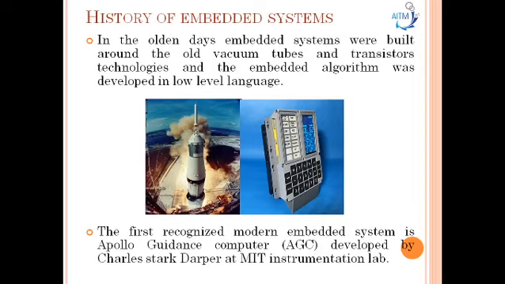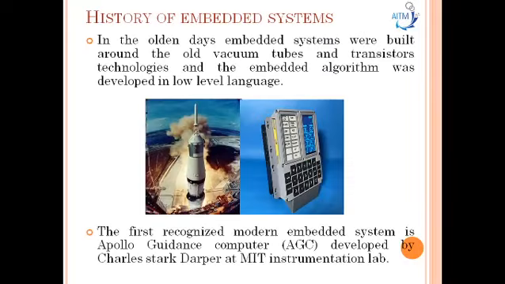It was developed in the early 1960s for the Apollo program by the MIT Instrumentation Lab under Charles Stark Draper. This guidance computer made the moon landing possible, and the man on the moon was a huge milestone in the history of technology.